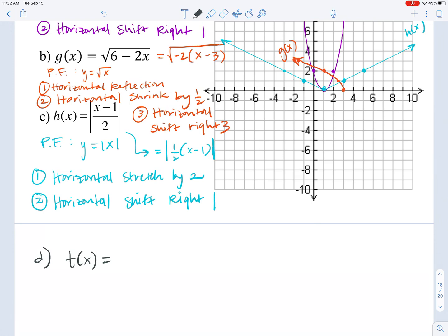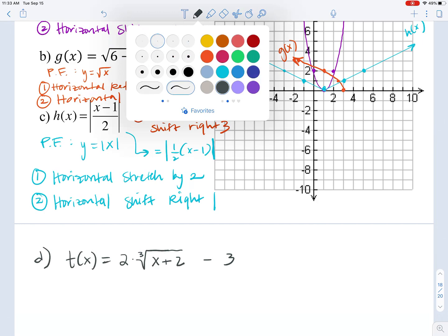So let's do t of x equals 2 times the cube root of x plus 2. And then how about minus 3?